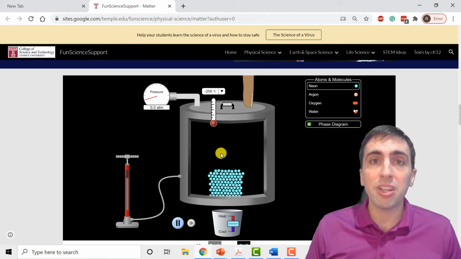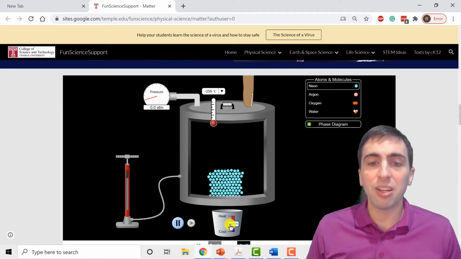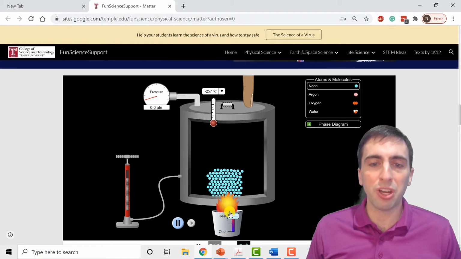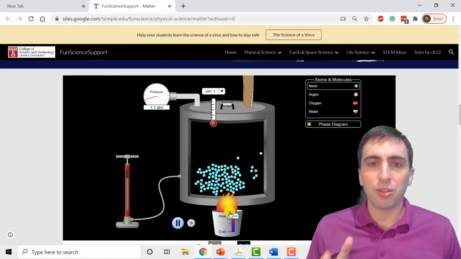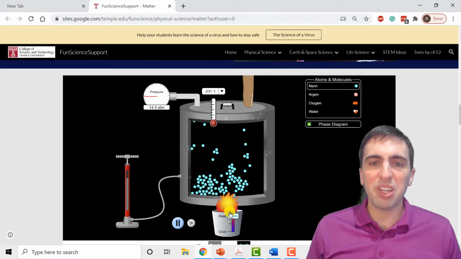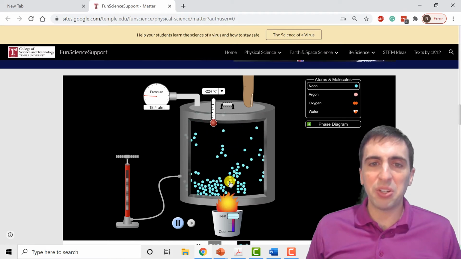What about if it's hot? So we see this bucket. We want to click this and push up and look at that fire go. Go, go, go, go. More heat. More heat. More heat.